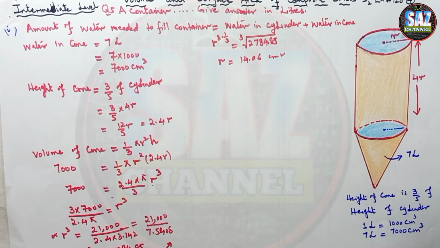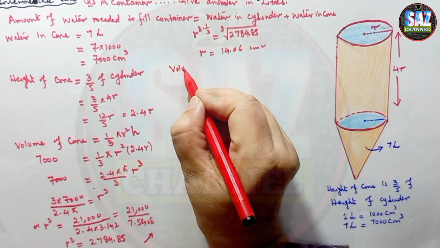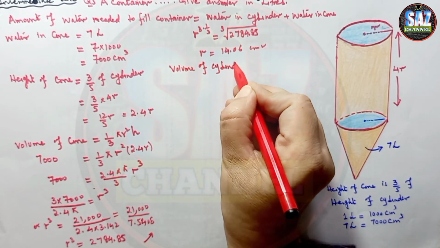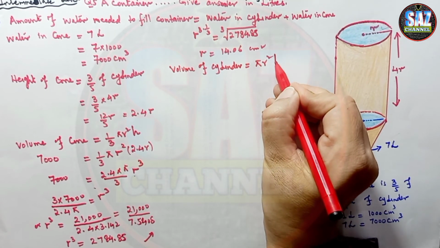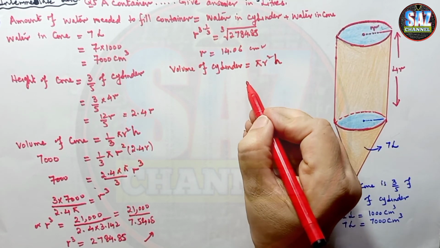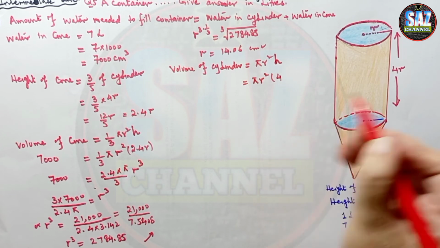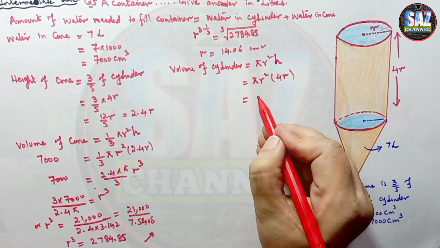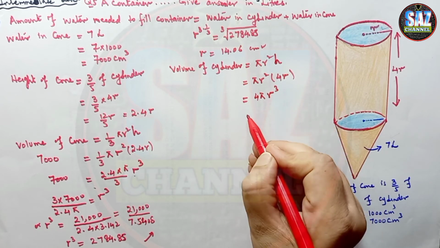Now volume of water in cylinder, or volume of cylinder, equals pi r square h. Now look, pi r square h of cylinder, the height of the cylinder is 4r, so the calculation can take the form 4 pi r cube.